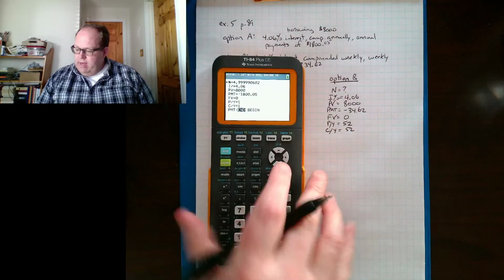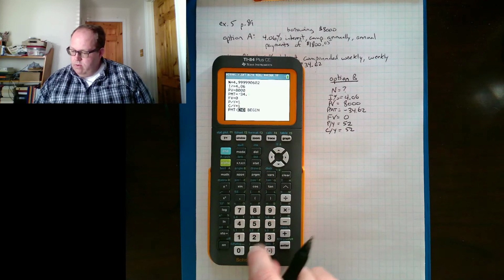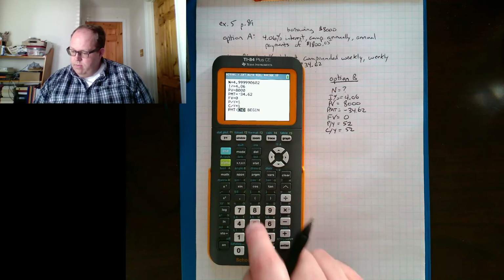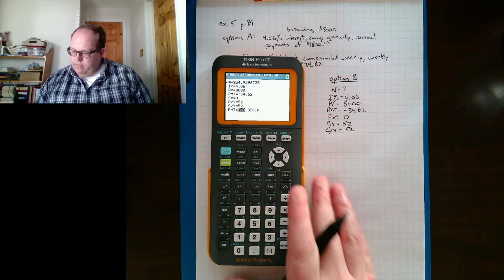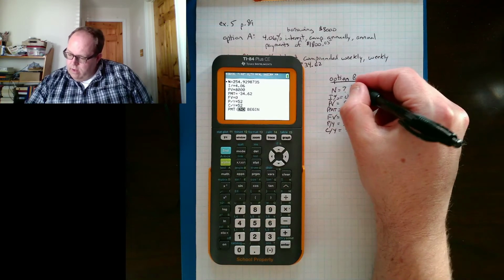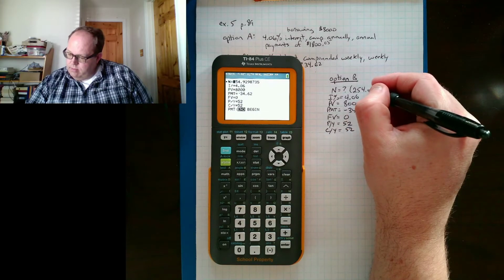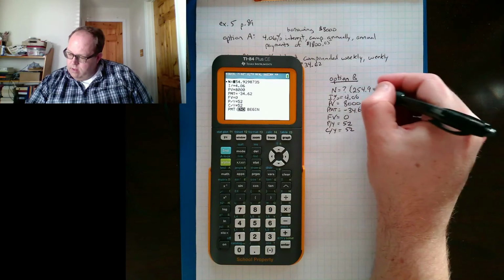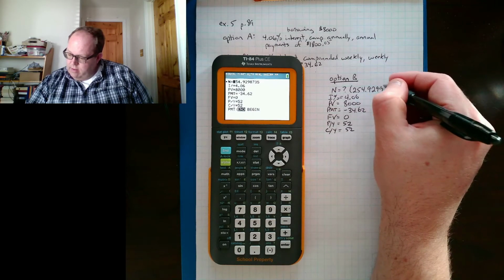So if I work that out for option B, I'm going to hold on to a few decimals in this case. I'll explain why in a second.